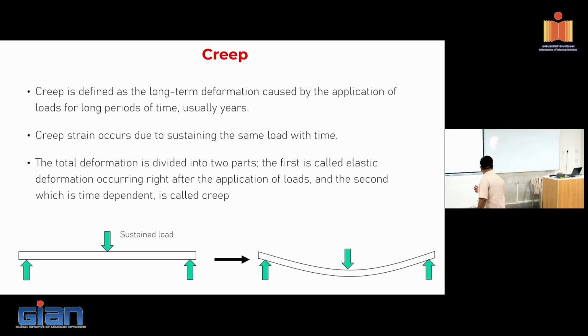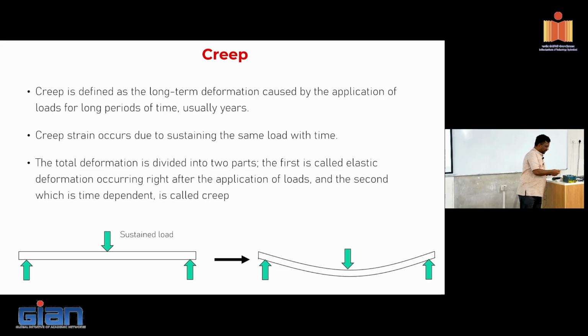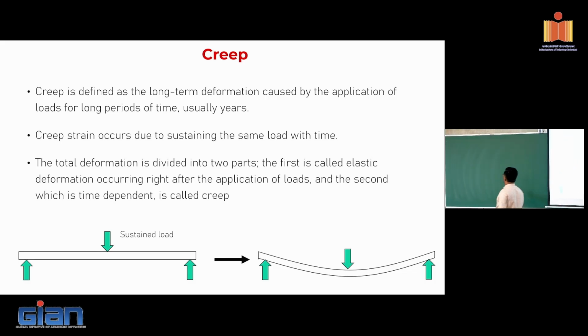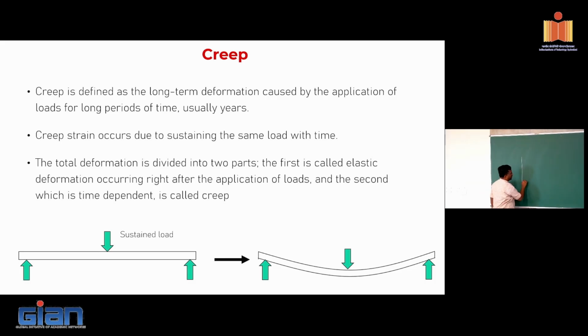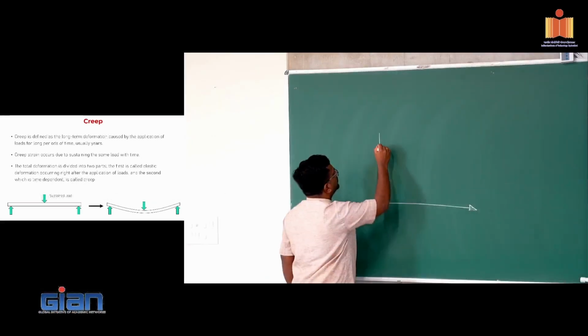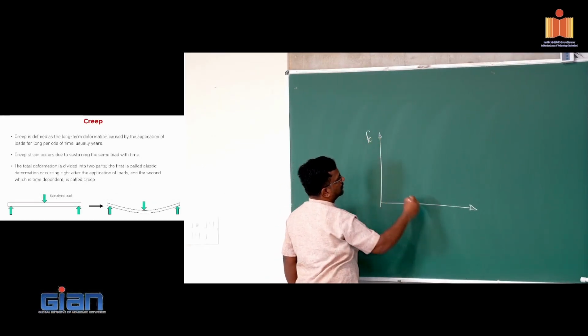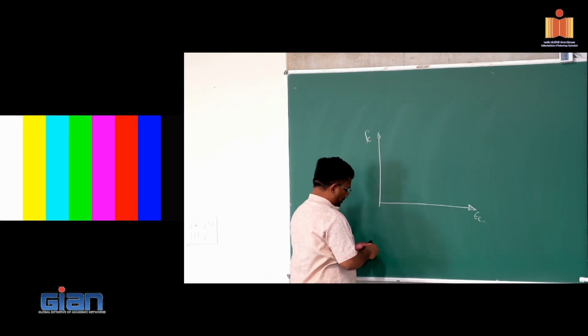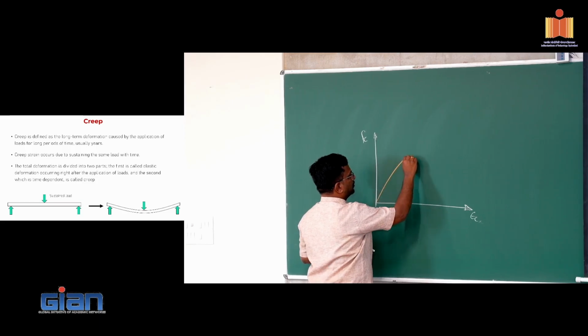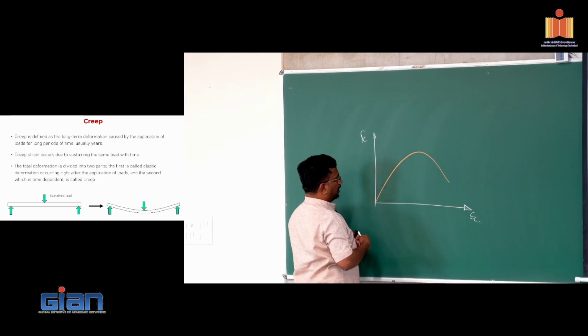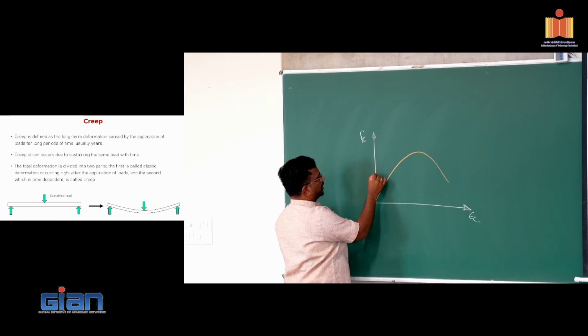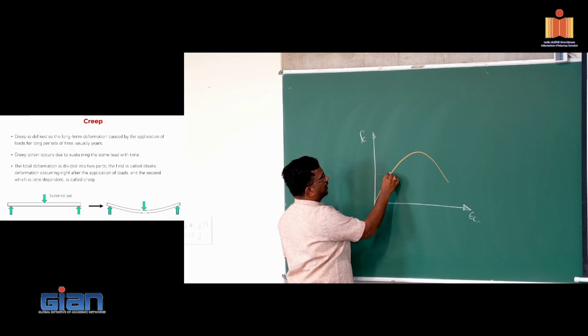So if you go back, the definition of creep itself is that under constant stress, your strain keeps increasing, right? So if I look at this stress strain curve for concrete, let's say you have this. Now I apply a certain load, okay, and I keep it here.